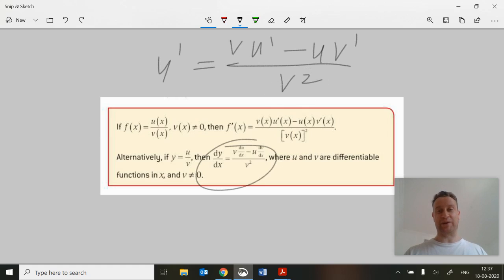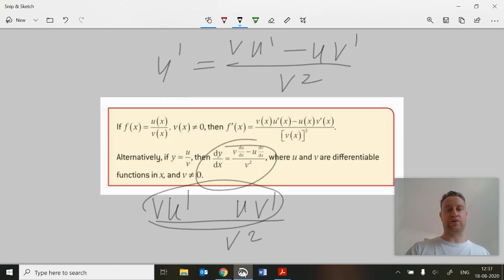If you remember it's got v squared on the bottom, then it starts with v as well. So you think it's going to start with v on the top and the bottom, and then it's v u dash, u v dash, a bit like the product rule, except the difference with the product rule is we're dividing by v squared, we're starting with v on the top and the bottom, and we've got a minus in between, not a plus. Maybe that's a bit of a rubbish way of remembering it. Maybe you have a better way. Either way, this is in the formula booklet as well.